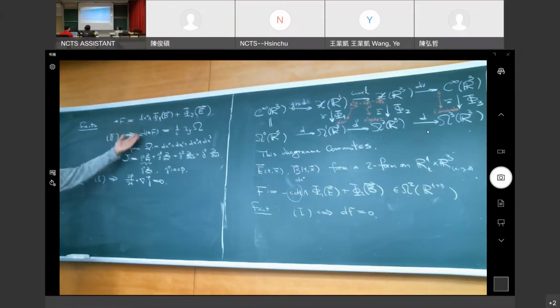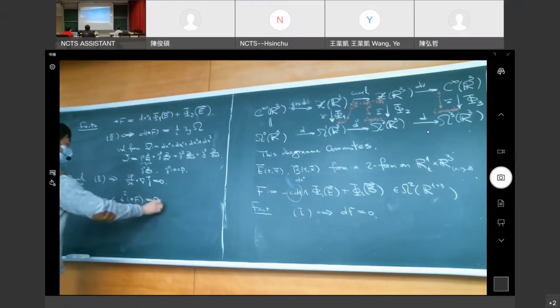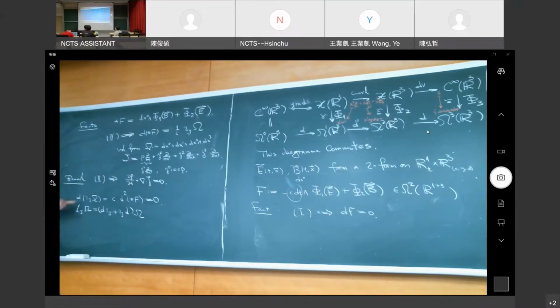Now, you see that D of something is equal to the right-hand side. So that means D of the right-hand side is equal to, maybe up to a constant, D squared of star F, and that is 0, because D squared is 0. Once you see that, you have that the Lie derivative of the volume form along J is equal to 0, because the Lie derivative is D contraction plus contraction D on omega. The first term is 0 because of Maxwell's equation.